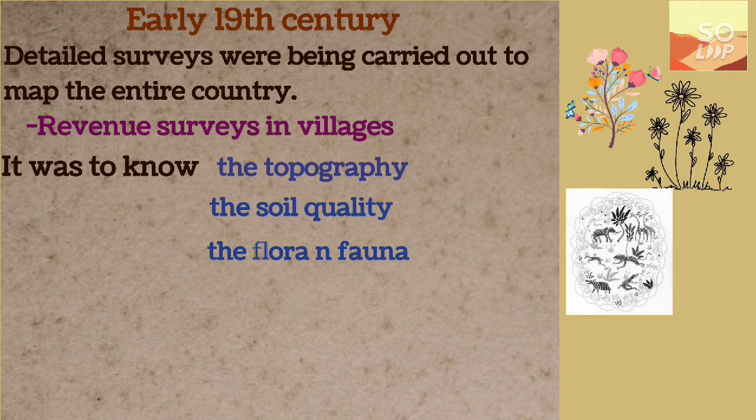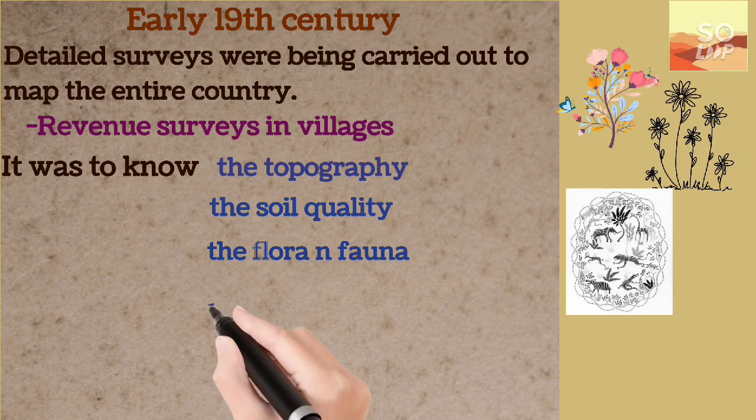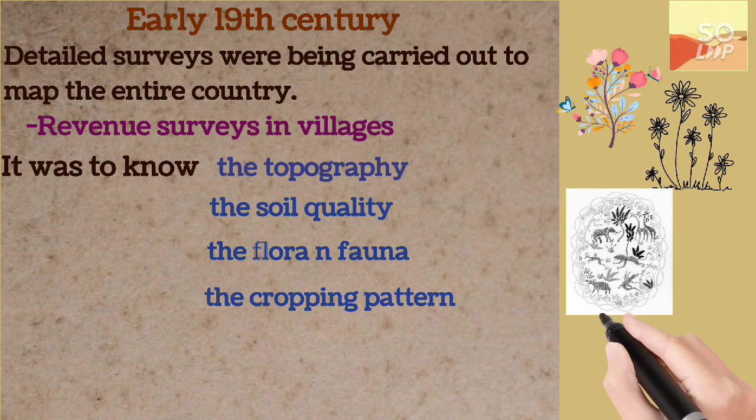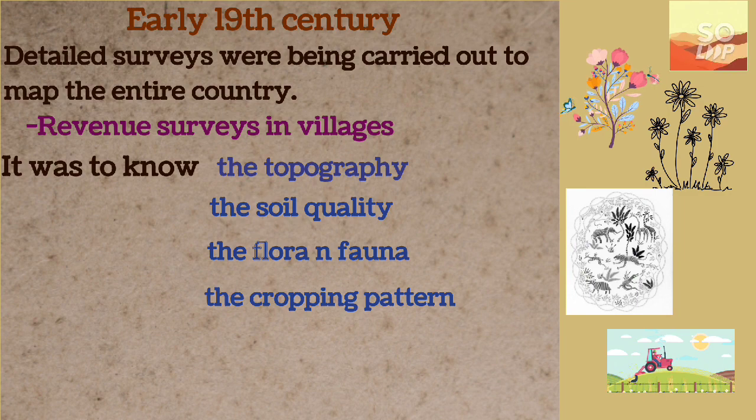This was needed for documenting biological diversity, preparing management guidelines for natural resources, etc. And last one, to know the cropping pattern of an area, so that the British officers could easily estimate the revenue from that land and also implement different policies in future regarding agricultural development of that area. Okay.